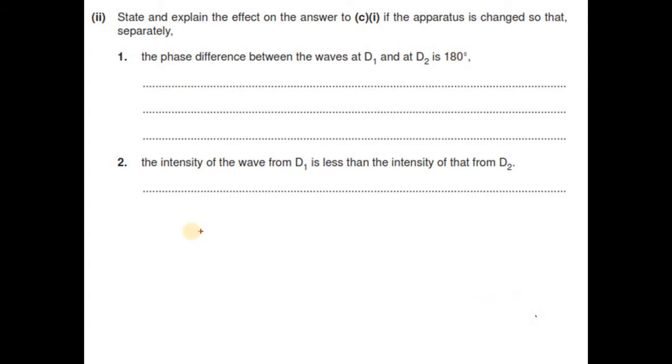Remember what is happening: we know that path difference is 5 by 2 lambda, and in the previous question the phase difference was 0 and the path difference was 5 by 2 lambda. That's why we had destructive interference previously.